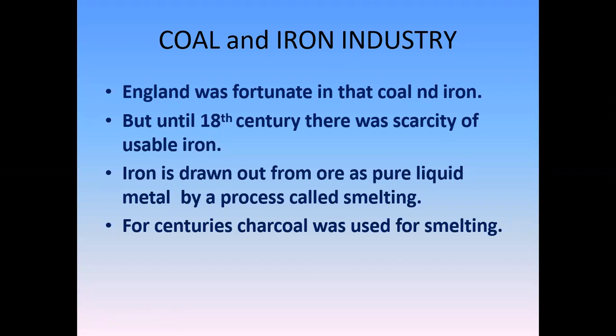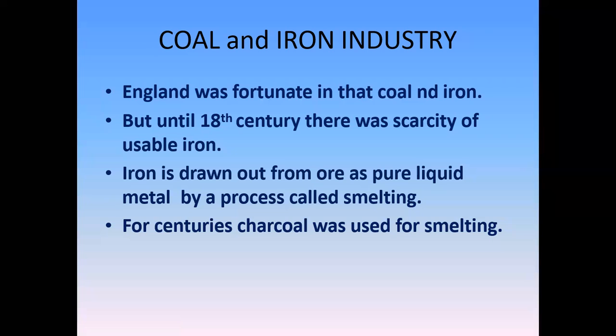England was fortunate in that coal and iron ore, which were the staple materials for mechanization, were plentifully available, as well as other minerals like lead, copper, and tin that were used in the industry. Until the 18th century, there was a scarcity of usable iron.